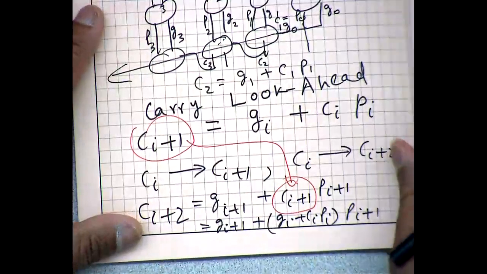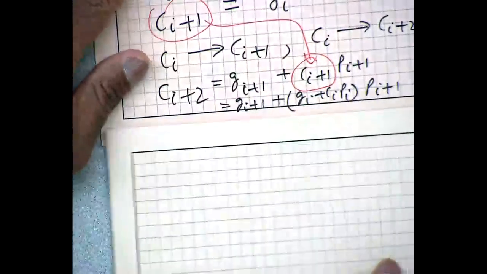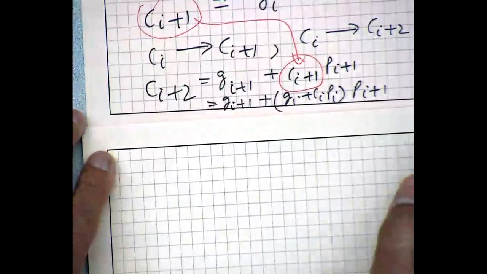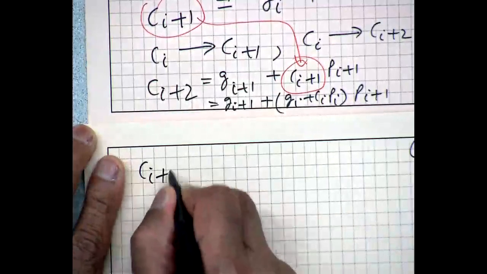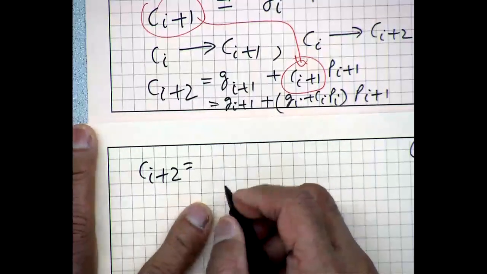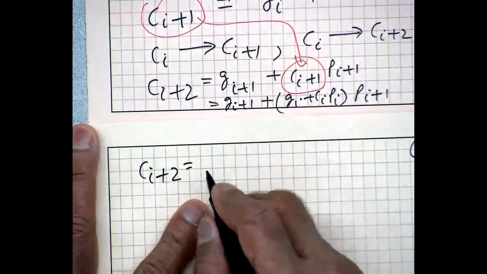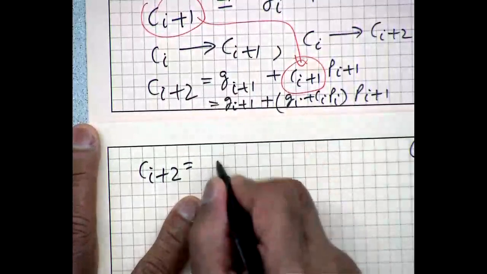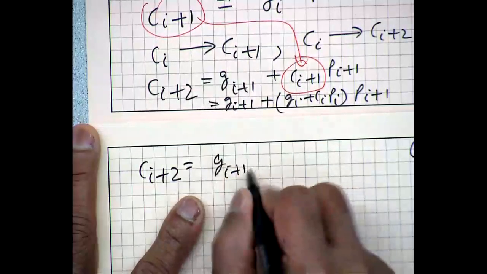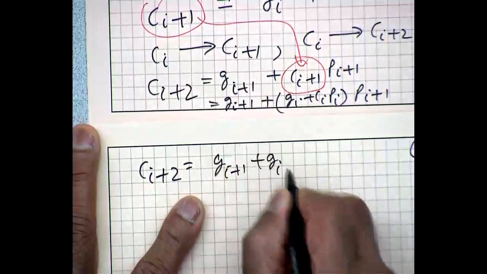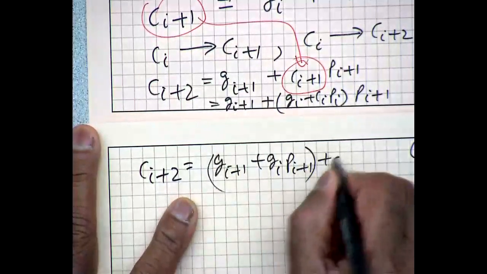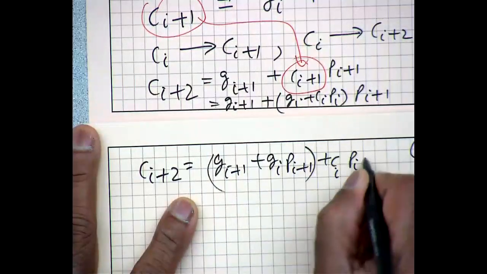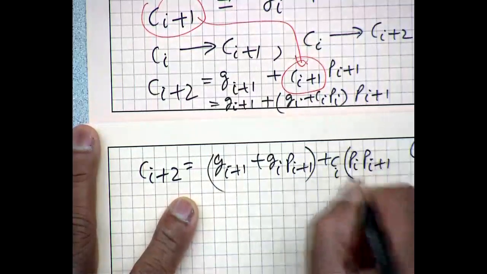So I can write Ci plus 2 is equal to Gi plus 1 plus Gi Pi plus 1 plus Ci times Pi times Pi plus 1.